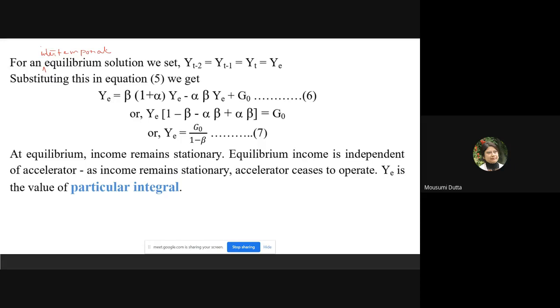If income remains stationary, consumption will also remain stationary, so there will be no change between two-period consumption. So there is no need for additional investment. Therefore, the accelerator ceases to operate when income remains stationary.